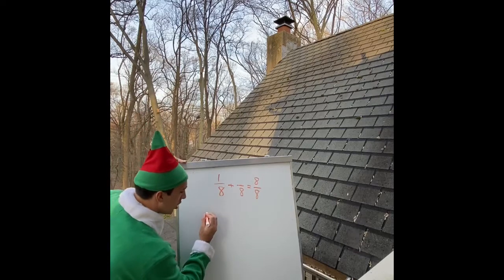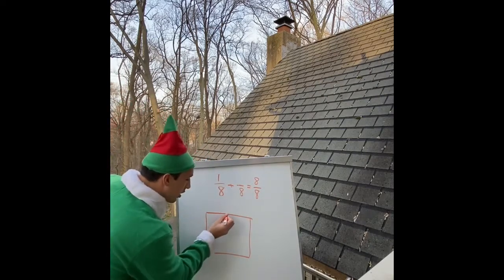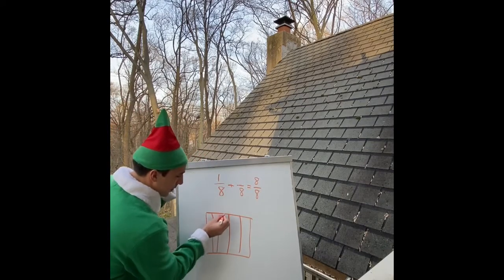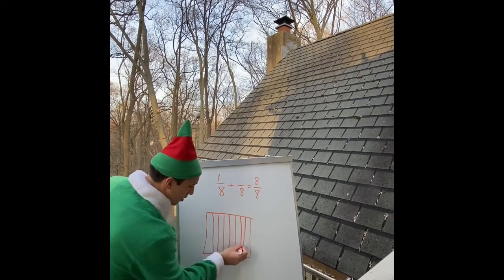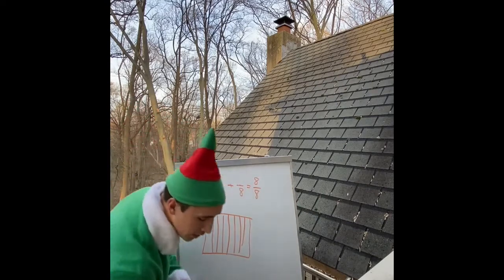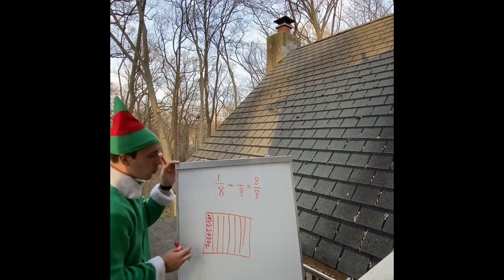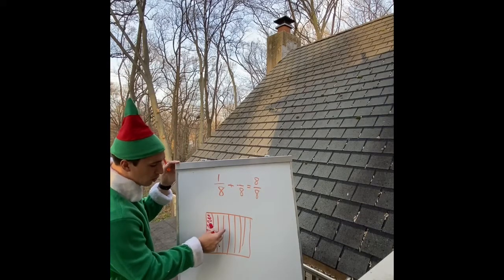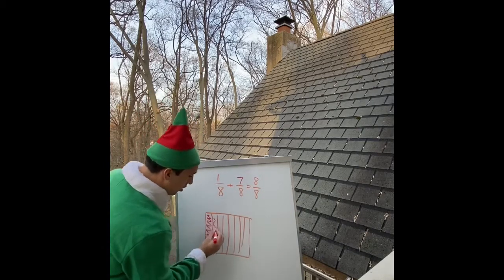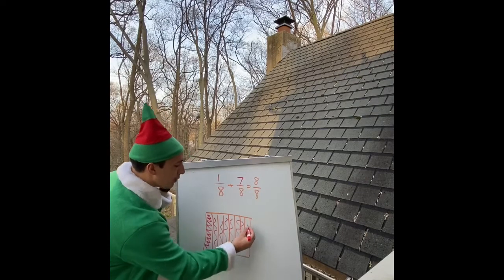If we were to draw Santa's sack, which is a rectangle right now, and we were to cut it into 8 equal pieces, 1/8, 2/8, 3/8, 4/8, 5/8, 6/8, 7/8, 8/8, and we have 1/8 left, we will need 1, 2, 3, 4, 5, 6, 7/8 to fill up his bag completely. Then who knows, maybe we'll come to your house.